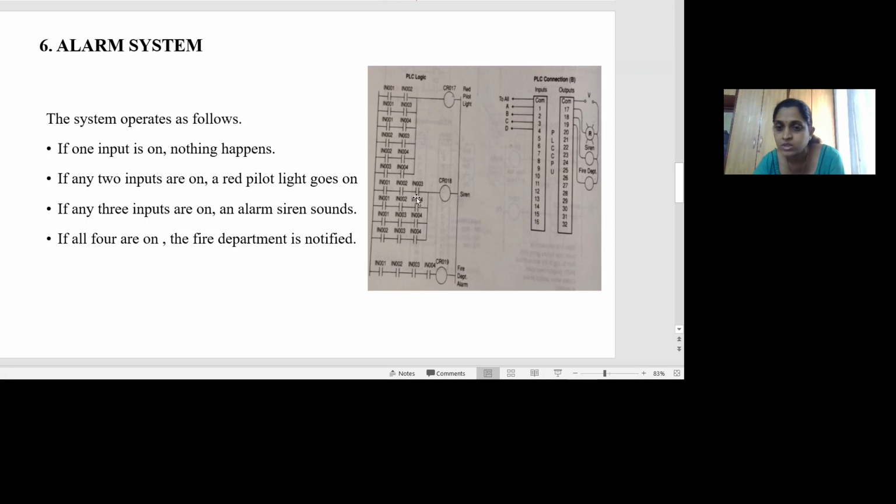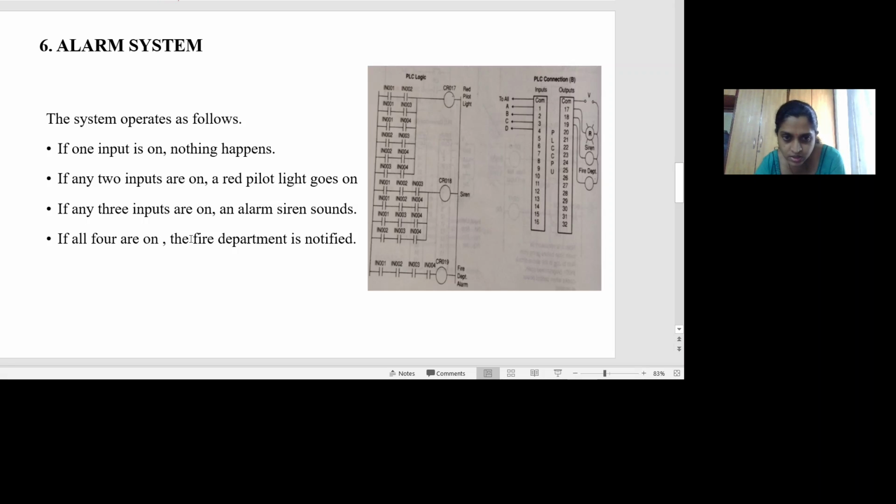So a series connection of contacts means that all these contacts have to be energized to produce an output at the coil. And when I connect in parallel, it means that when any of these combinations turns on, then your output coil is also energized.